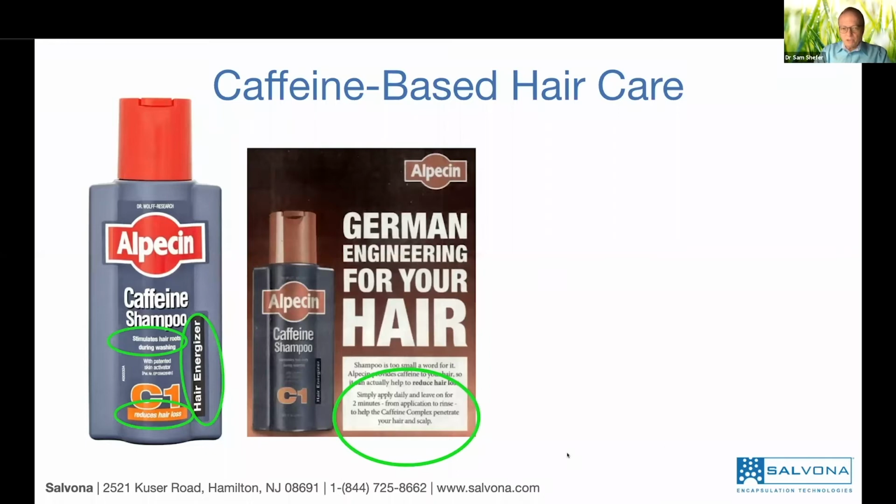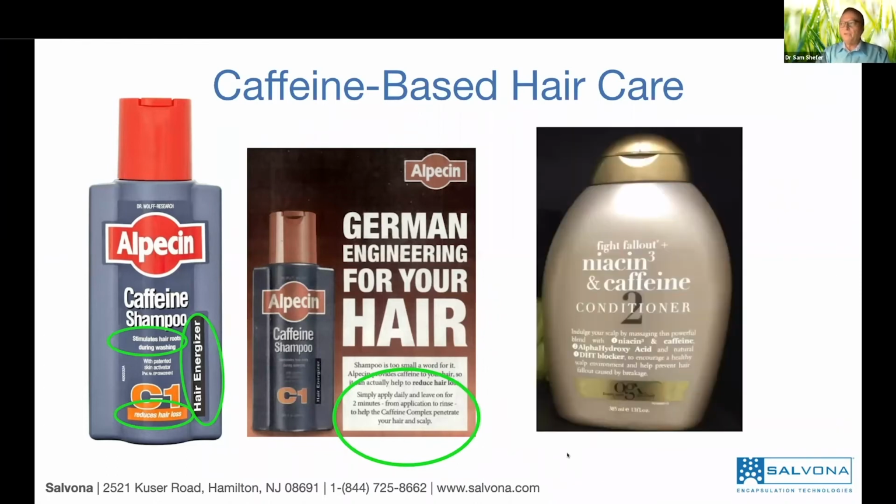If it would absorb immediately, you don't need to wait. But since there is a problem of absorption, making the material more bioavailable, then you need to wait. This is an opportunity for us to bring in the technology that can adhere and then slowly penetrate and bring it where it's needed the most.